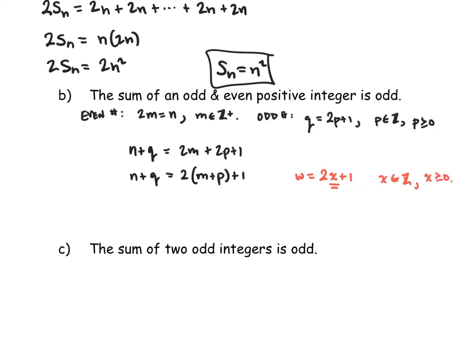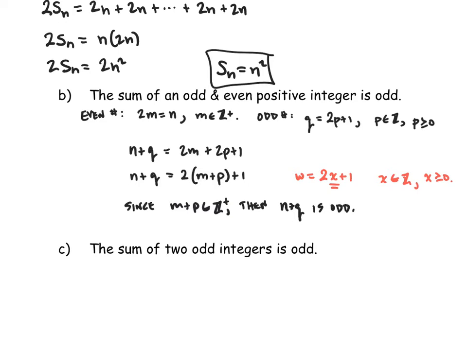Well, this fits the mold since m plus p is also in the integers, and specifically here because m is in the positive integers, then m plus p has to be in the positive integers. Then we can say by direct proof that n plus q is therefore odd.